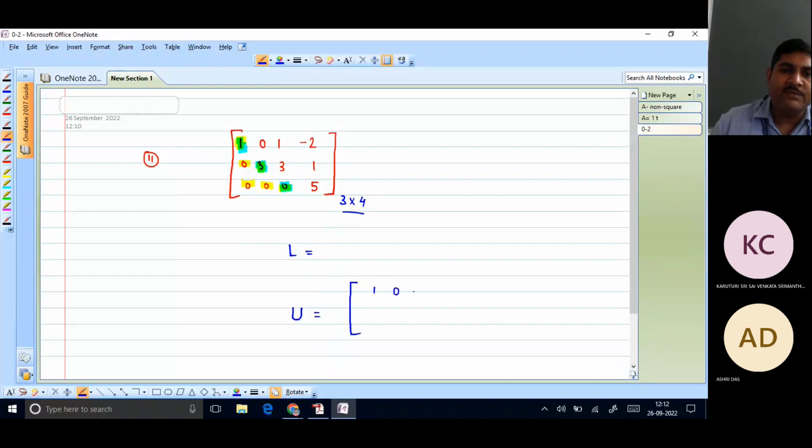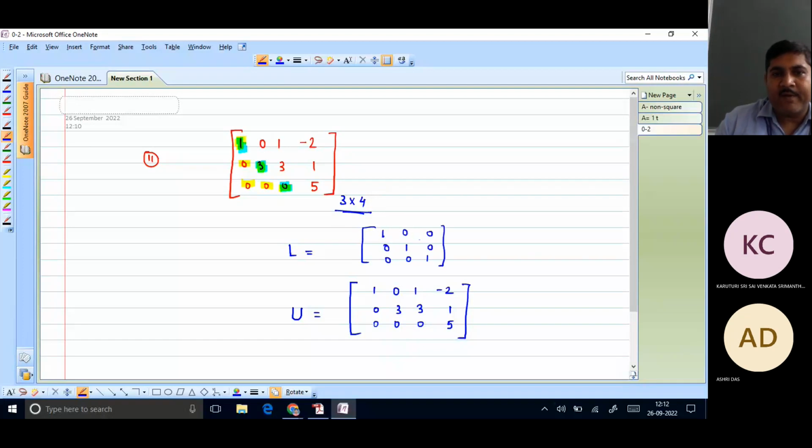So I will write 1 0 1 minus 2, 0 3 3 1, and 0 0 5. Okay, and see your L. What is your L? Your L is the identity matrix 1 0 0, 0 1 0, 0 0 1.